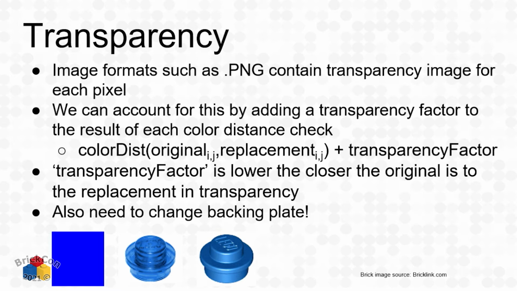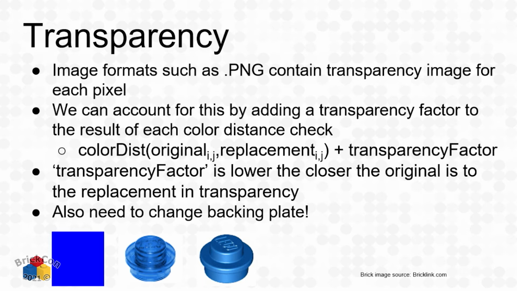Without transparency is much, much easier to do because not a lot of color distance functions account for transparency particularly well. And then we have a transparency factor where, depending on how close you are in transparency to the original color, the factor will be lower or higher, right?